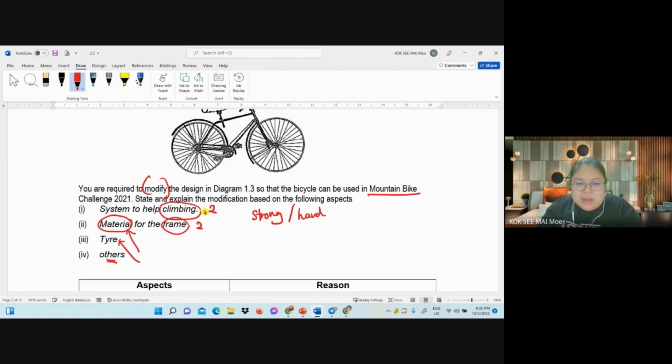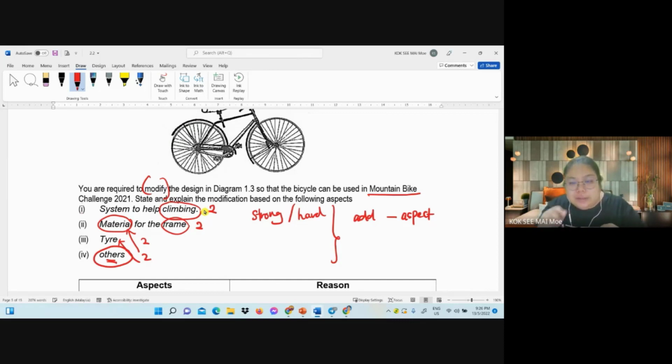This one also 2, this one also 2, this one also 2. Seems not enough, you see, only 8: 2, 4, 6, 8. So you need to add one more aspect. Normally we add one more, the others. The others you need to add for the bicycle to make it become a mountain bike.